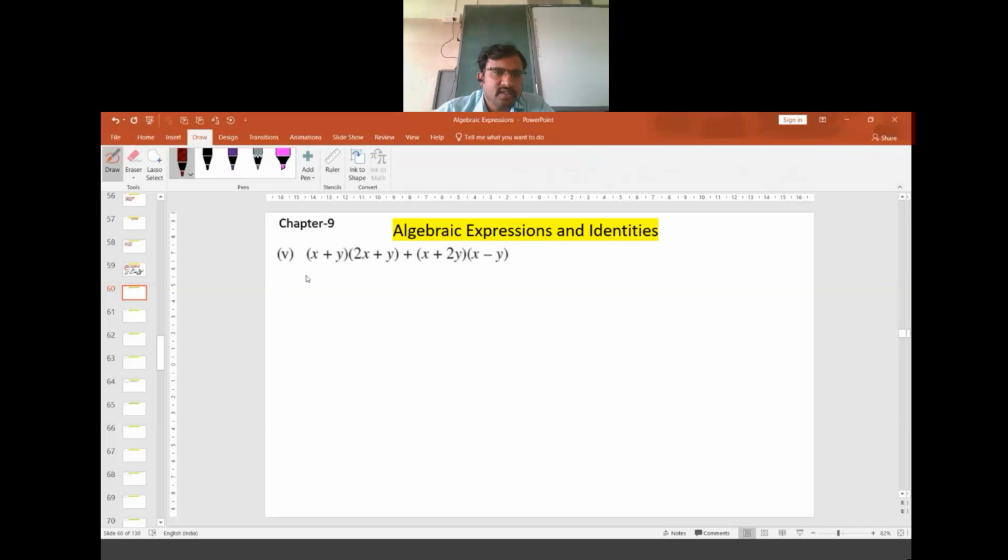Suppose I multiply these two terms first. x to be multiplied to 2x plus y, plus x to be multiplied to x minus y, plus 2y to be multiplied to x minus y.